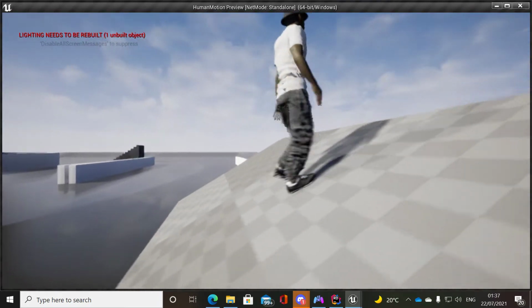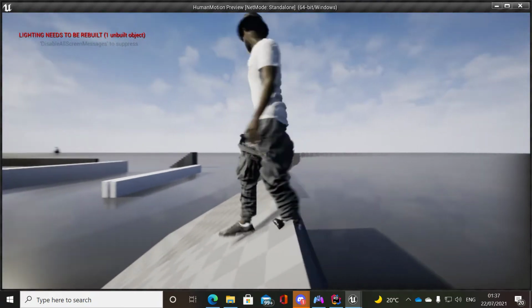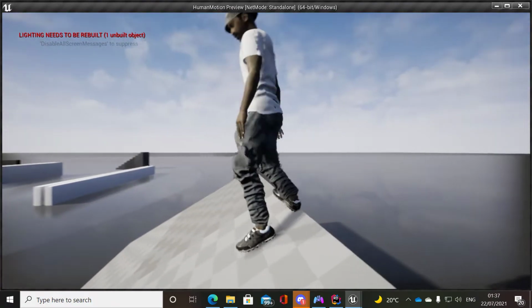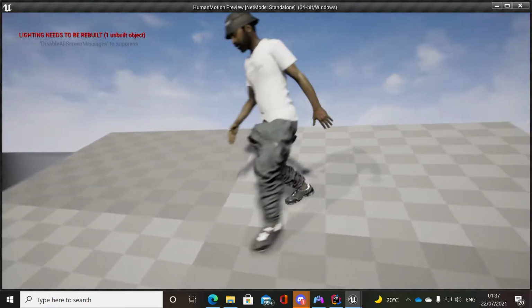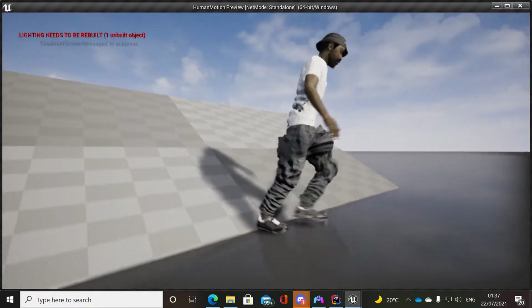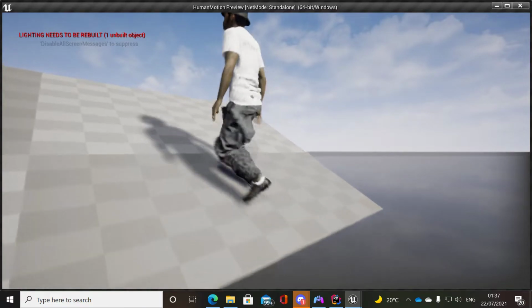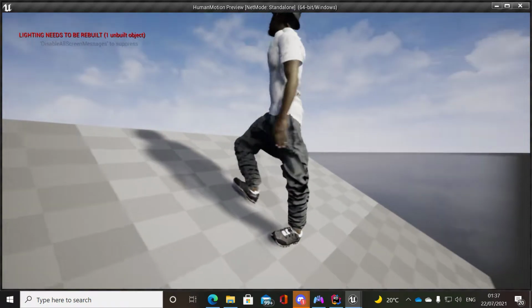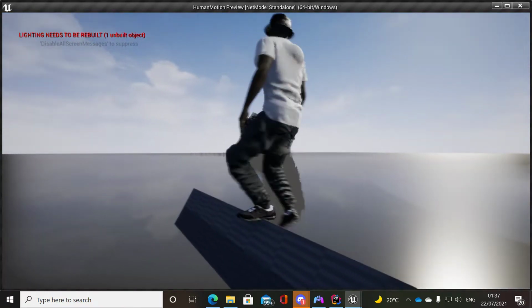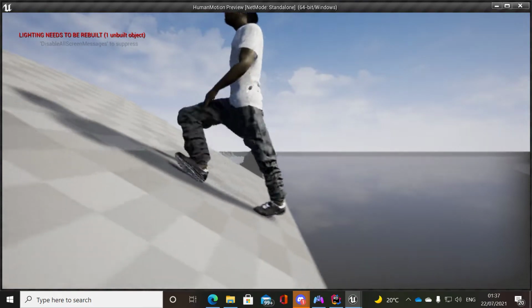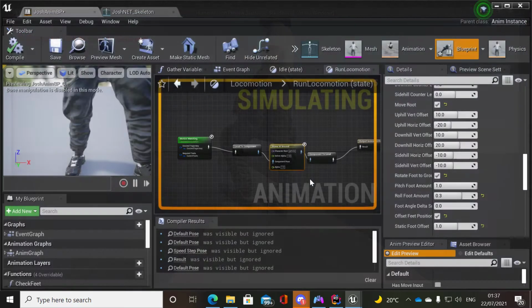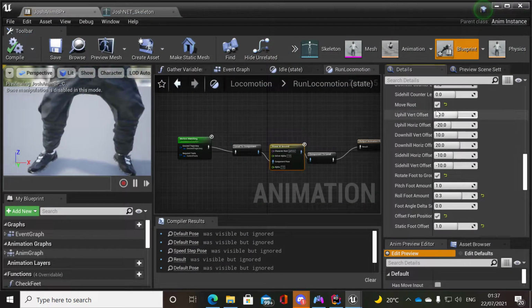Move root actually moves the pelvis up itself as you go up the hill. I don't know if you noticed, but he's actually higher up, so there's less bend in his knees because the pelvis is moved up. So it's almost like you stand up straighter. But I see it's very glitchy now, right? Yeah, that switch isn't very good.